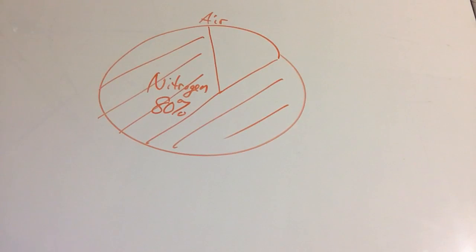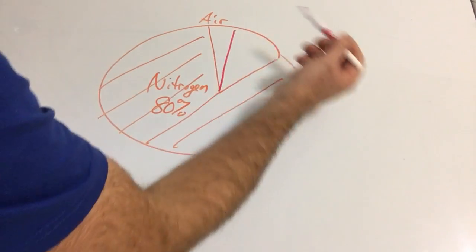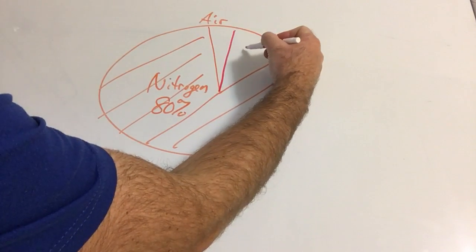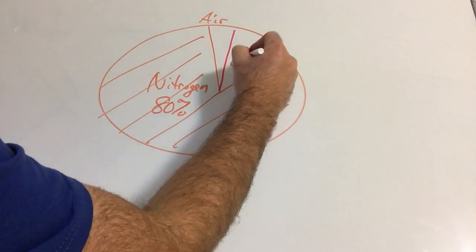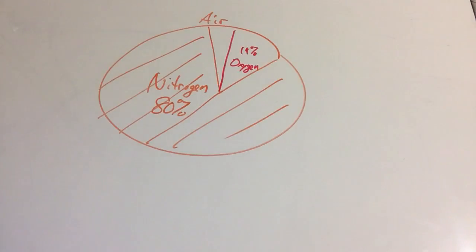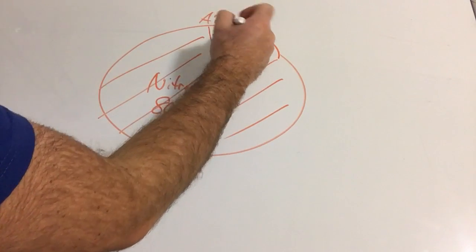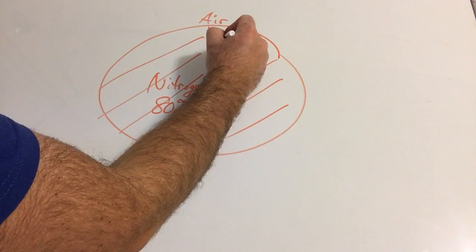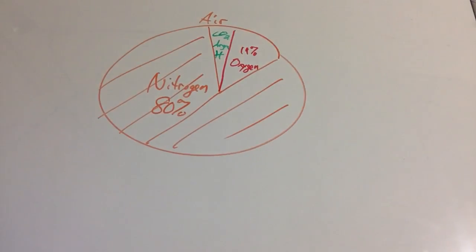Nothing. And then the rest of the air, we'll say 19%, because that's a convenient number, is oxygen. And then the rest is things like CO2, argon gas, hydrogen, blah, blah, blah, all that kind of stuff.